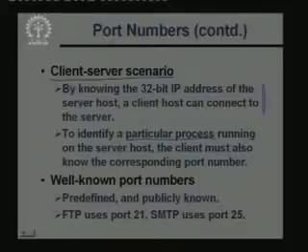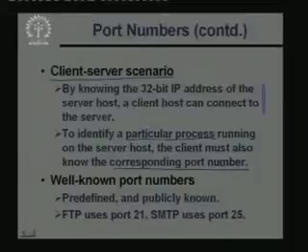So, the client must also know the corresponding port number. This means that whenever a client wants to connect to a server, you need to know the IP address of the server machine and also the port number which identifies the particular process running on the server machine.